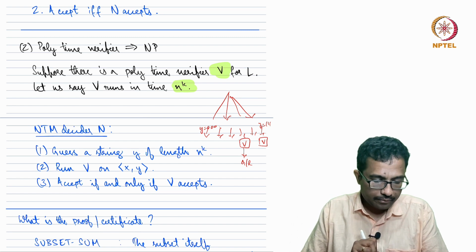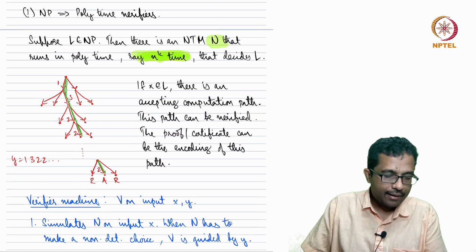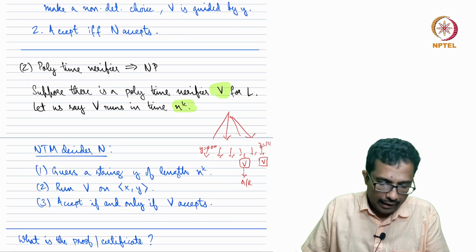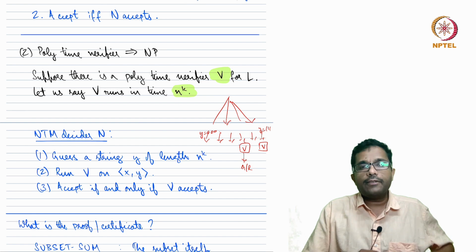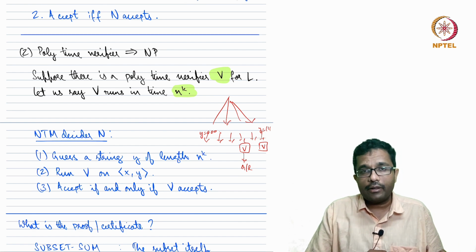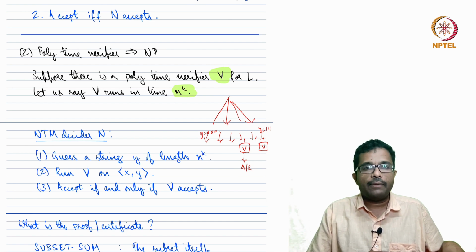That completes the proof, so we have shown both directions. If L is in NP, then it has a polynomial time verifier, and if L has a polynomial time verifier, then it is in NP. After the completion of this proof, it gives another characterization for NP. NP is the class of all languages that have polynomial time verifiers.